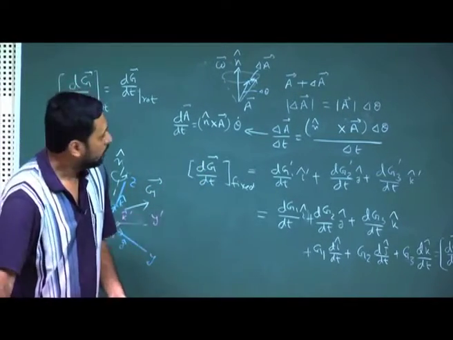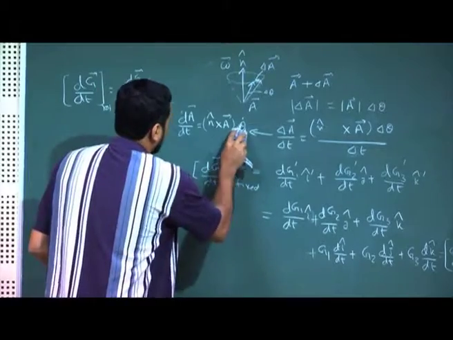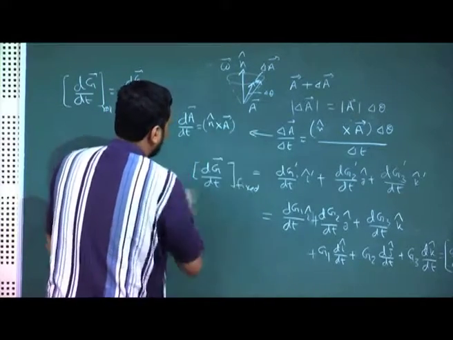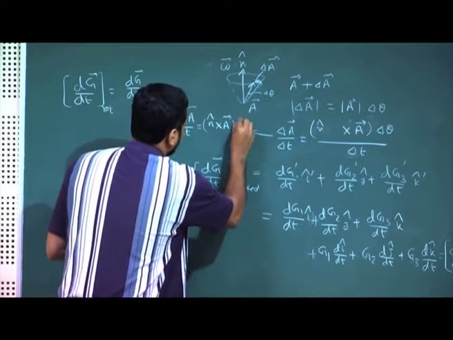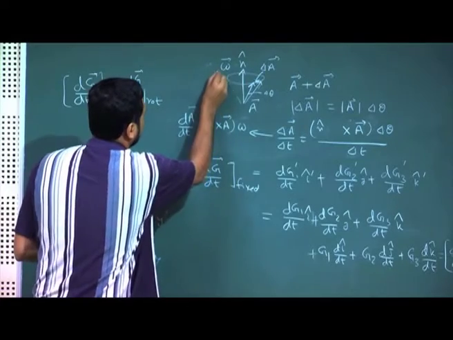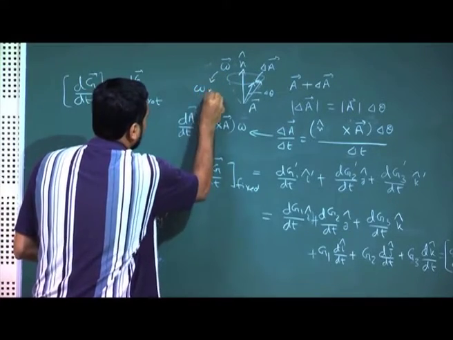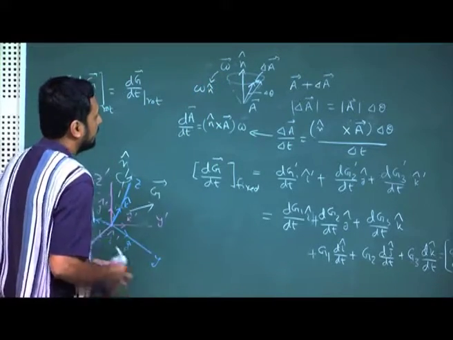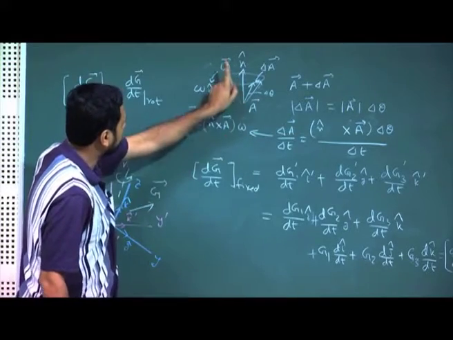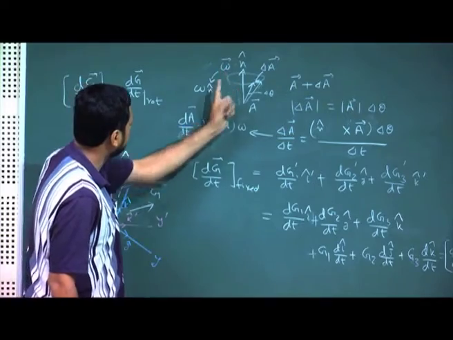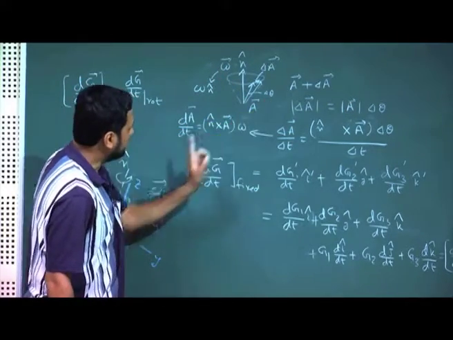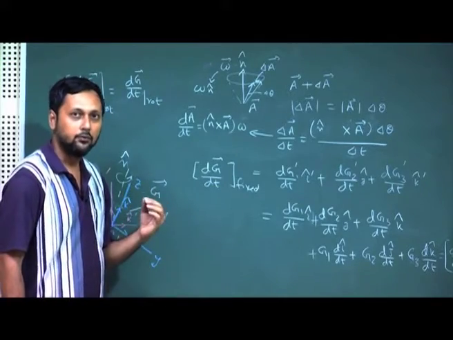So, we can substitute this with omega, and please note that the omega vector is nothing but omega n cap, because n cap defines the direction of this rotation vector, and omega, which is equal to theta dot, is the instantaneous speed of rotation.